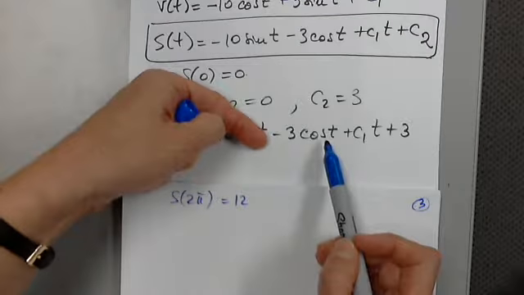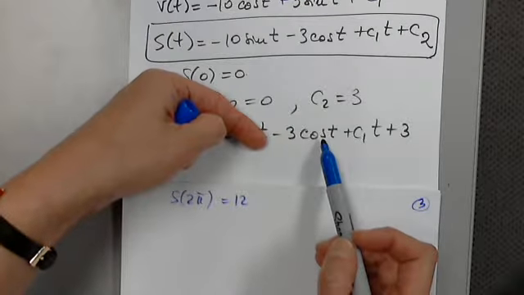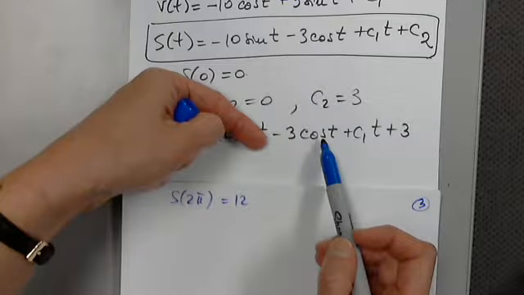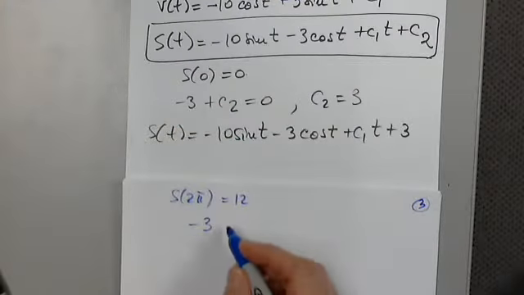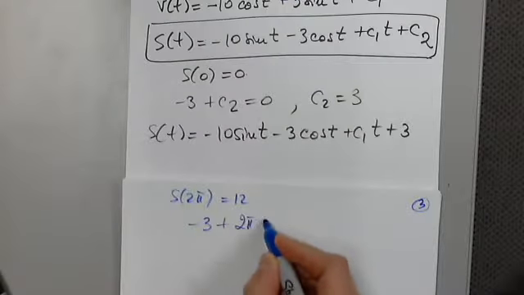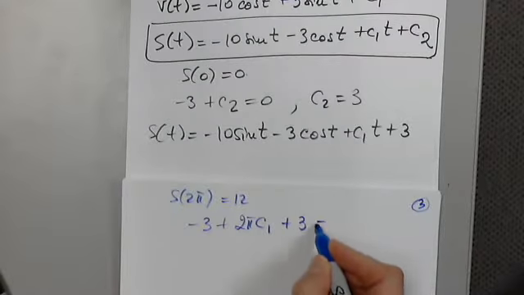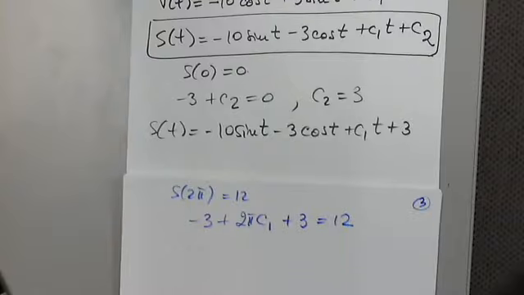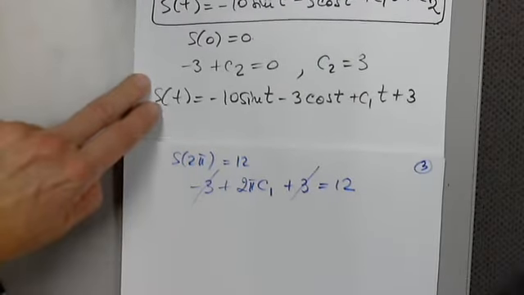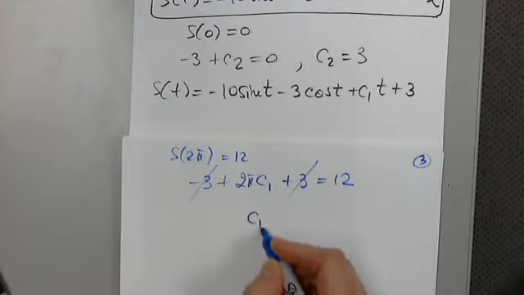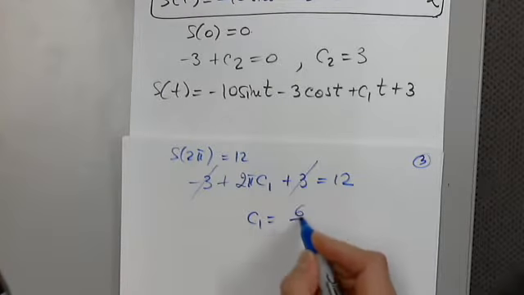Very good. When I plug in 2 pi in cosine, 1, times negative 3. And here, when I plug in 2 pi, I have plus 2 pi c1 and plus 3 equals 12. These two go away, and I will divide both sides by 2 pi and get c1 equals 6 over pi.